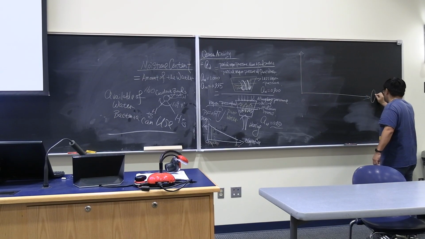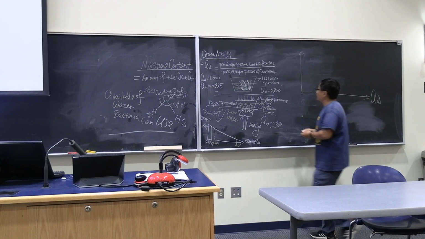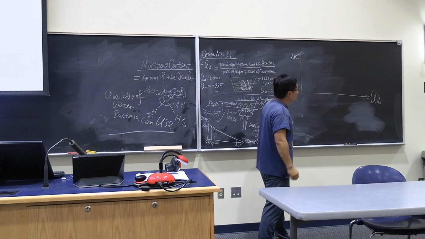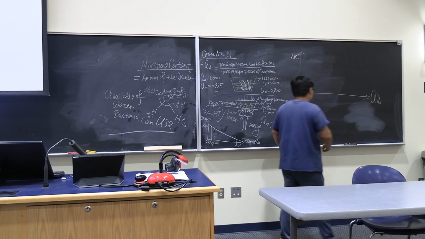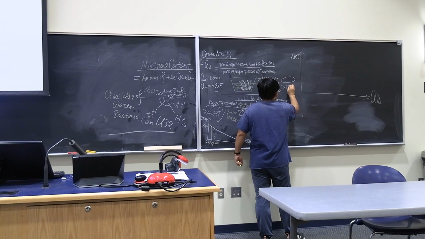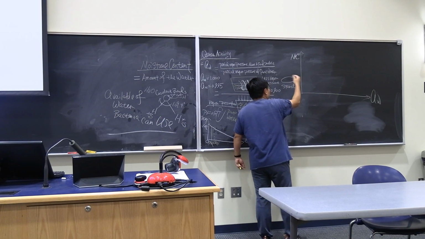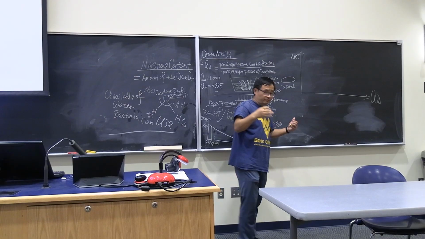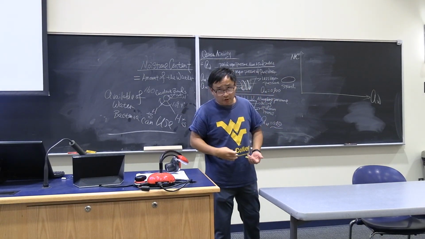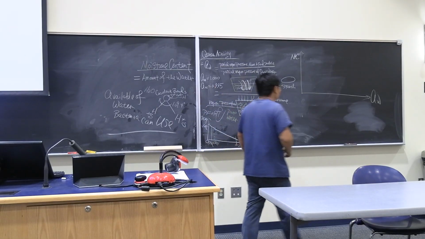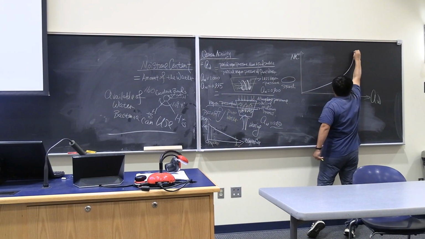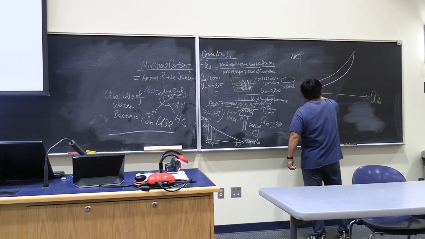X-axis, water activity. Y-axis, moisture content. We also call it equilibrium moisture content. Let's say I have a food product, a starch. I put it in a humidified environment and do research on how it absorbs the water, how it desorbs the water. The curve looks like this.